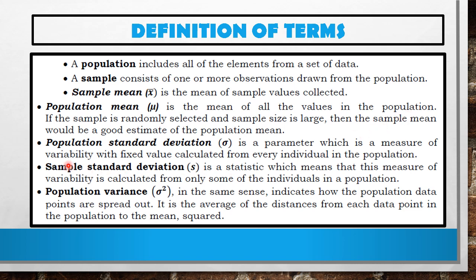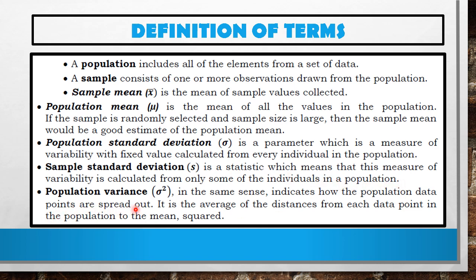Then population standard deviation or the sigma is a parameter which is a measure of variability with fixed value calculated from every individual in the population. Then sample standard deviation is a statistic, which means that this measure of variability is calculated from only some of the individuals in the population. So from a sample.